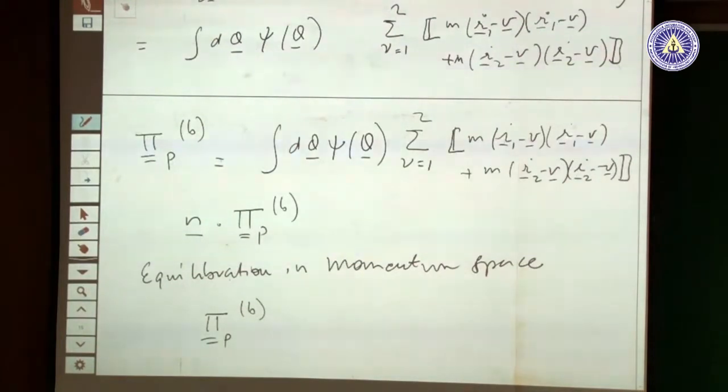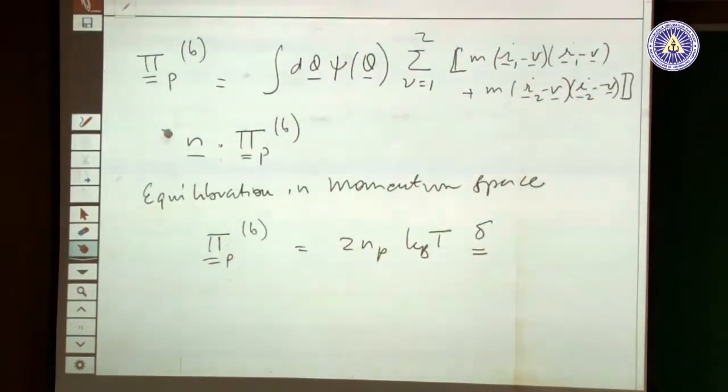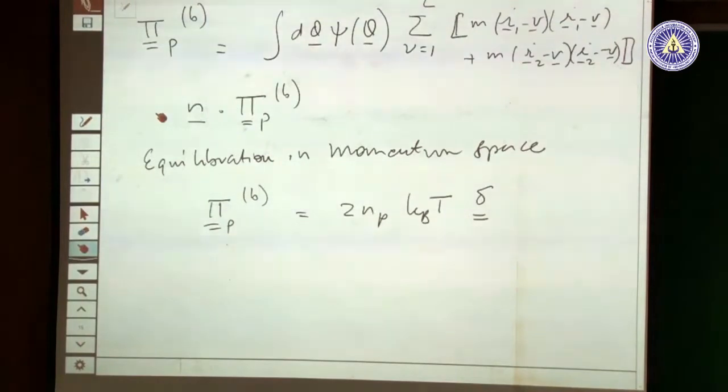So, you can actually work it out and it will turn out it is just 2 n p k B T delta, that is it. So, in other words, it is an isotropic contribution to the stress.